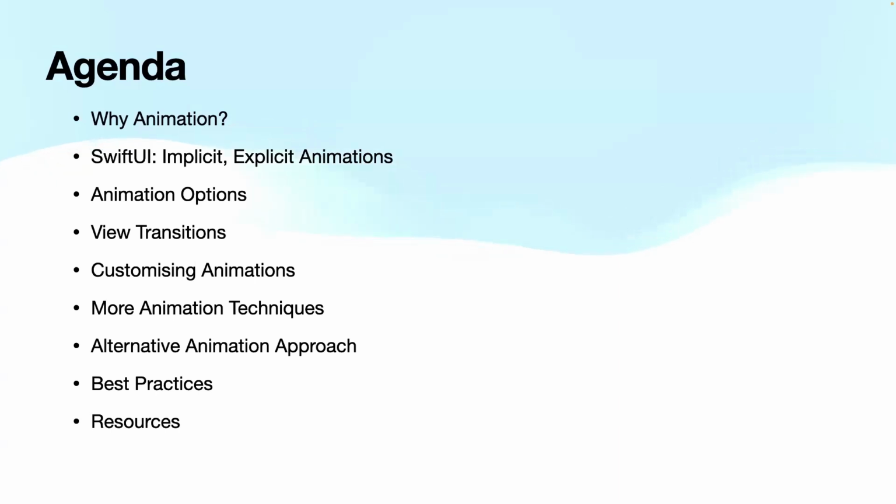Then we'll go ahead with customizing some of the animations, and we'll learn some of the advanced animation techniques. Apart from that, we'll see the alternative approach to adding animations to our app. Then we'll end with some best practices and resources. So that's the agenda for today. There is a lot to cover, so without further ado, let me get started.